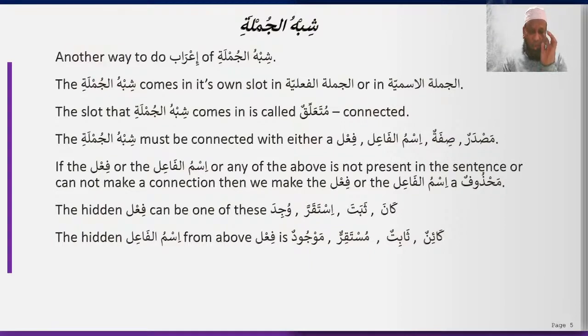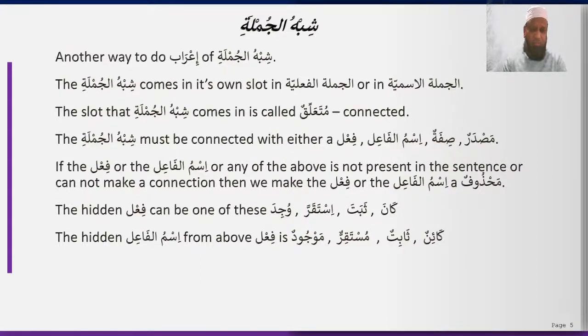If the fail or ismul fa'il or any of the above is not present in the sentence, or they are present but cannot make a connection, then we make a connection with a fail or ismul fa'il which is mahdhuf. So mahdhuf ismul fa'il or mahdhuf fail.